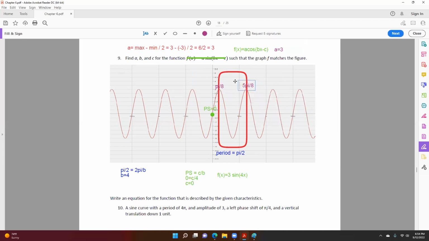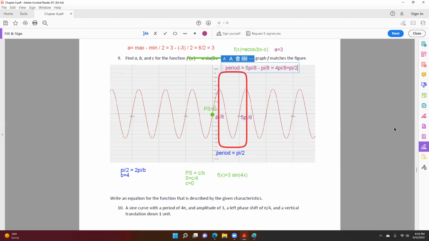Let's say they give you that this value here is 5 pi over 8, and this value is pi over 8. So in order for you to find the period in this case, you have to subtract those two. What is 5 pi over 8 minus pi over 8? You will get 4 pi over 8, which is the same thing as pi over 2.